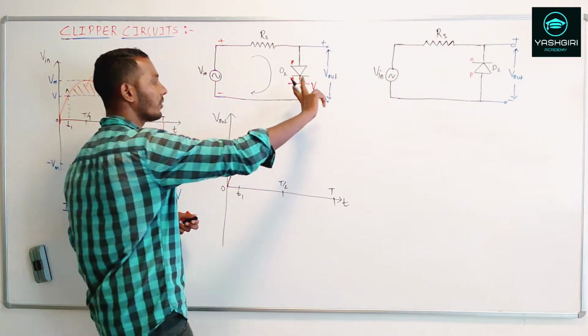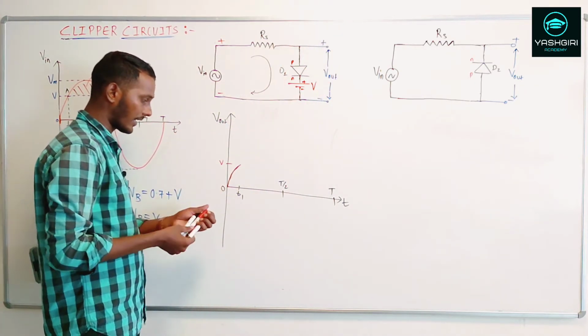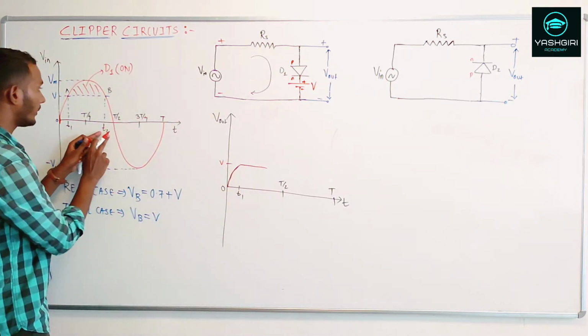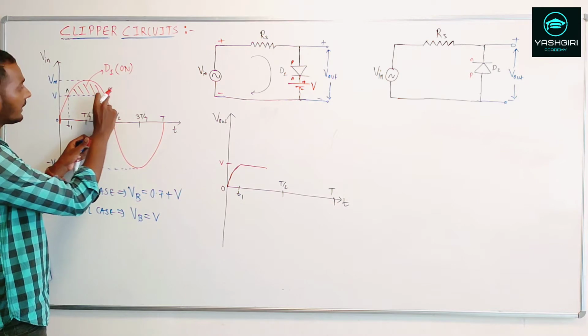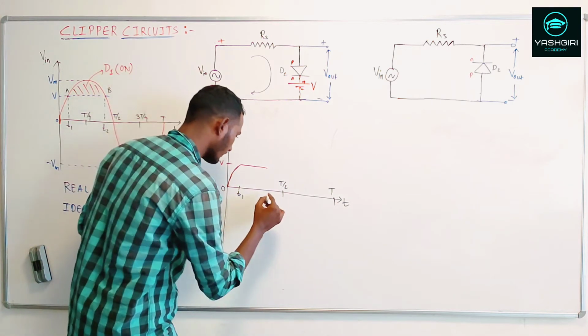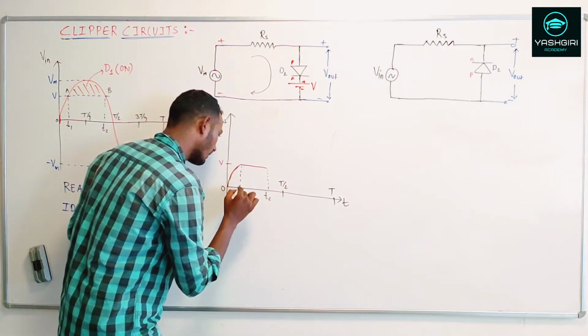So at this time if you measure V out, it will be a flat line, until the time T2, because after point B there is a decrease in the voltage. So you will see a flat line up till the time T2.